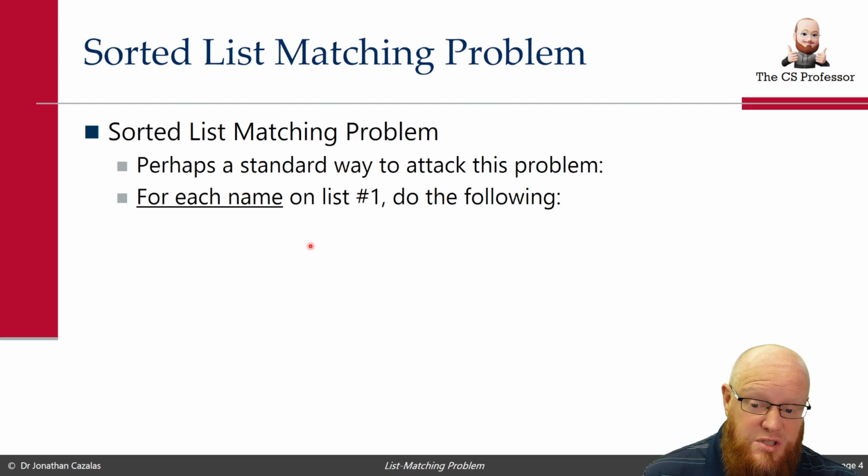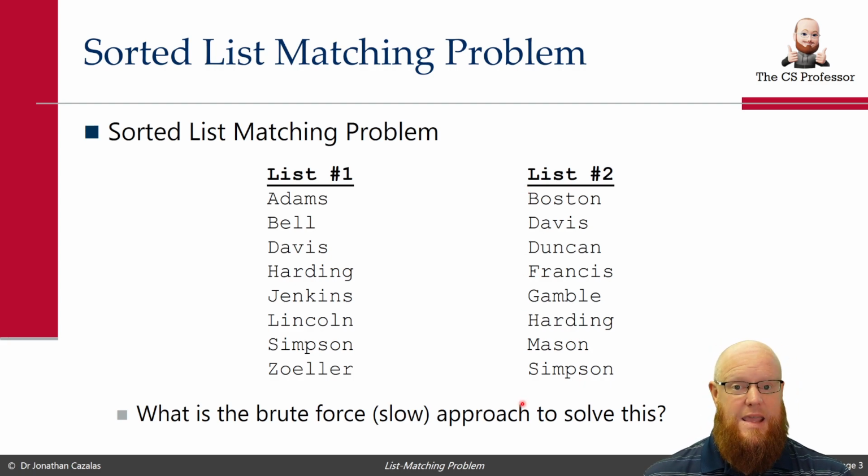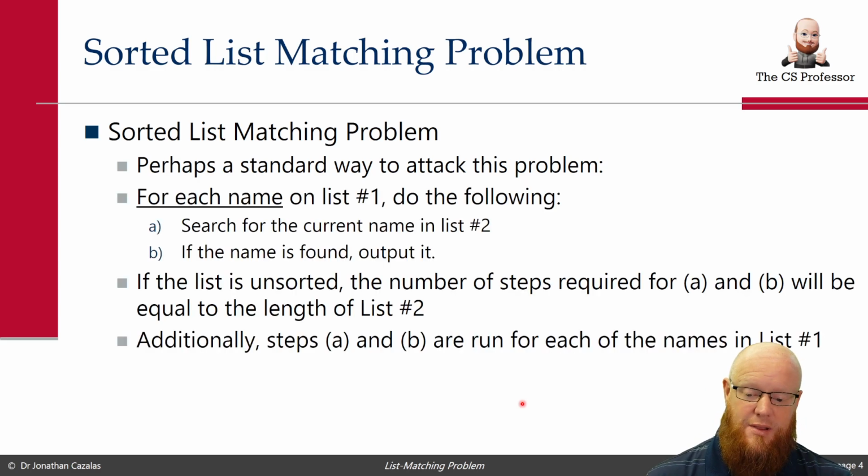Worst case scenario, when I'm looking for, let's say, Bell, I'm going to look over all 8 names in list 2. Additionally, steps A and B, we run those steps for all of the values in list 1, right? So for each value in list 1, you're going to look for that name inside list 2.